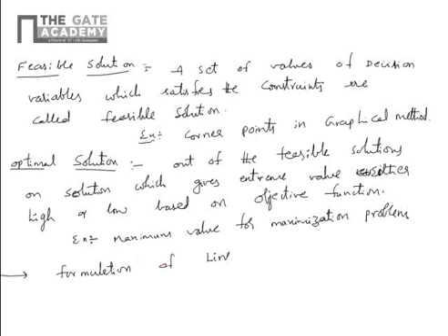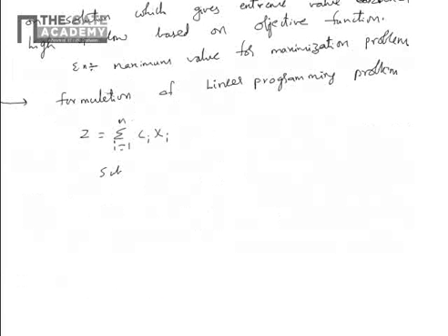Formulation of a linear programming problem: it must have an objective function, z equal to sigma i equal to 1 to n of ci xi, subject to constraints sigma aij xj, where i equal to 1 to n, and then xi is greater than or equal to 0.